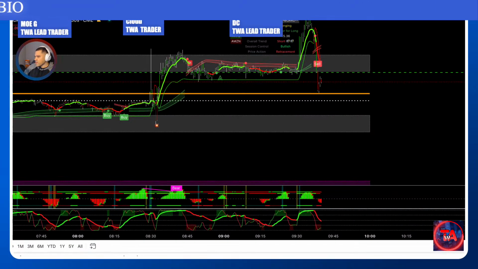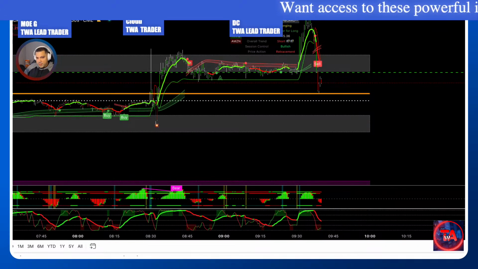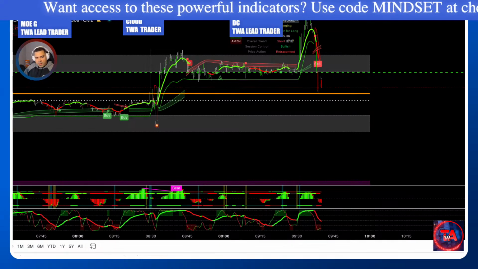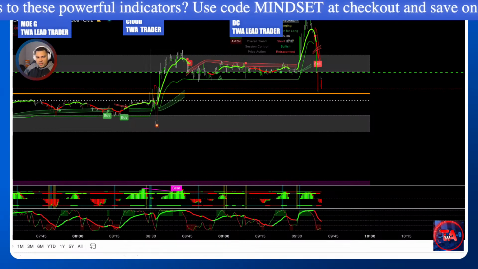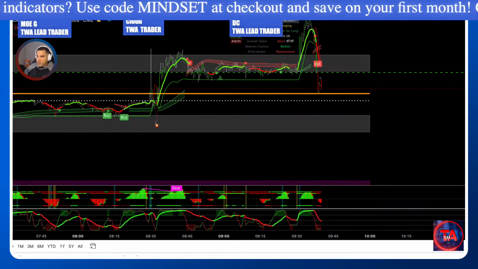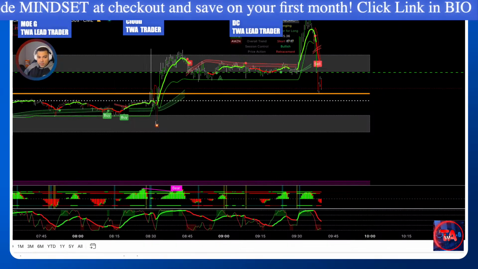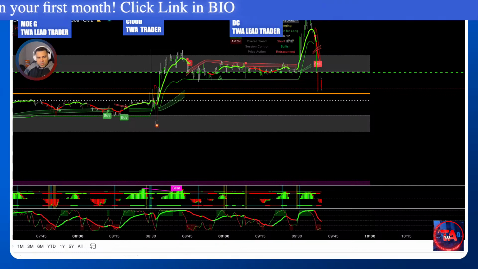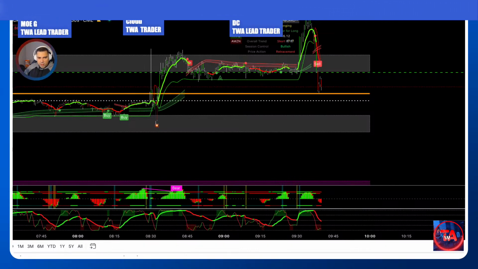Why did I scalp this short? Well, I missed it long, right? So obviously I'm not going to buy long above an expensive box. That's not smart trading. So I just scalp on the way down until it gets to a good point where I would look to go long again.